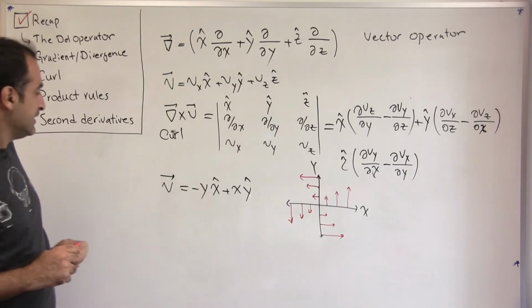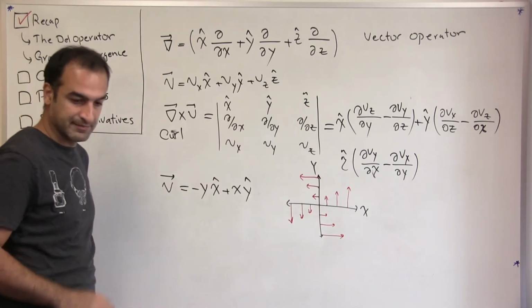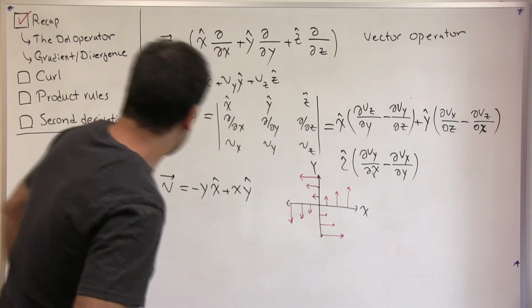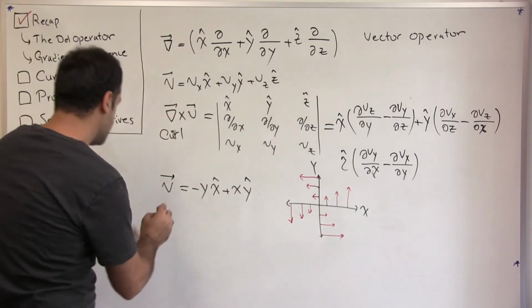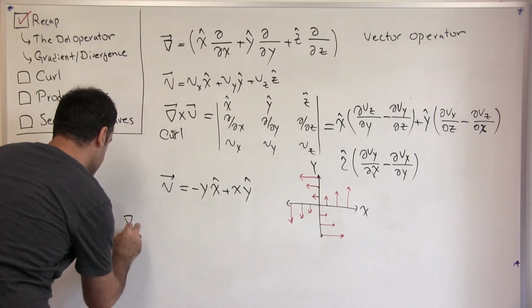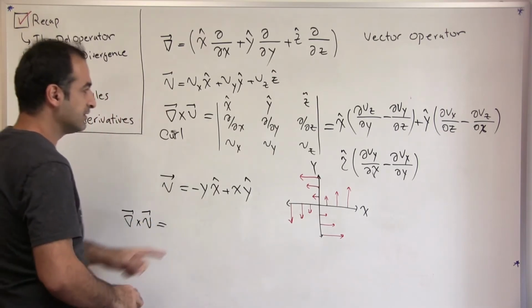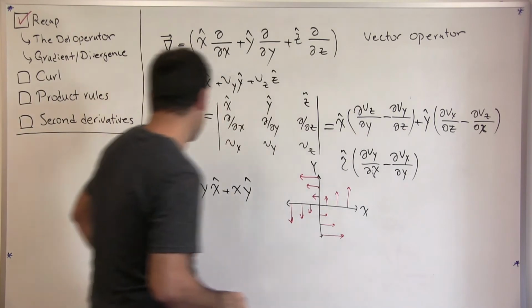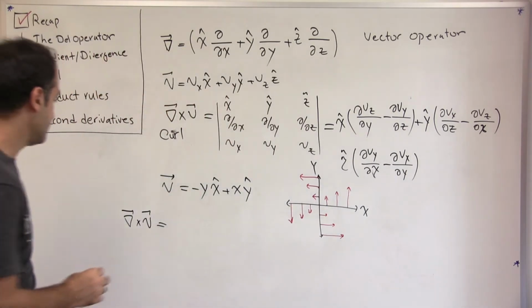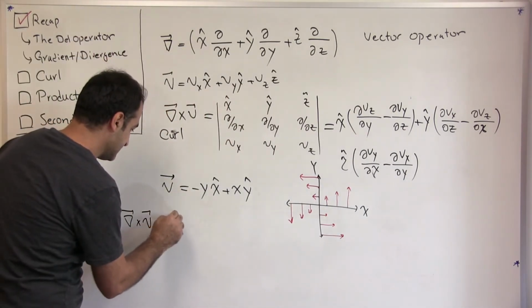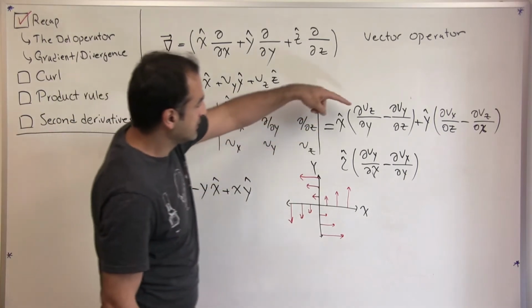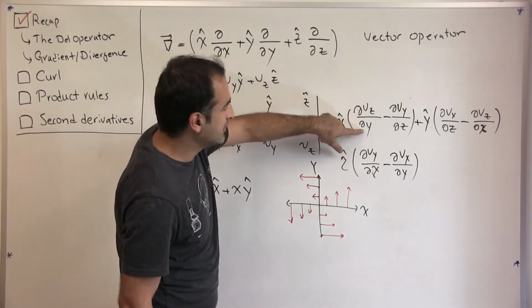Okay? Now let's look at the curl of this V. So the curl of this, we're going to look at all these values, okay? So the first term is x hat times dvz over dy.